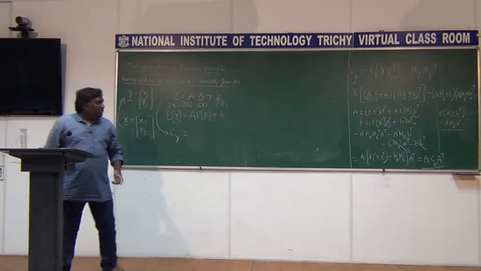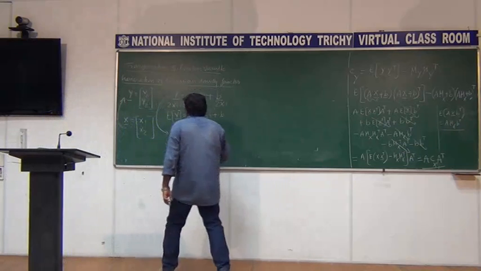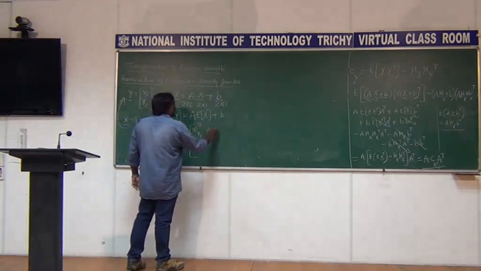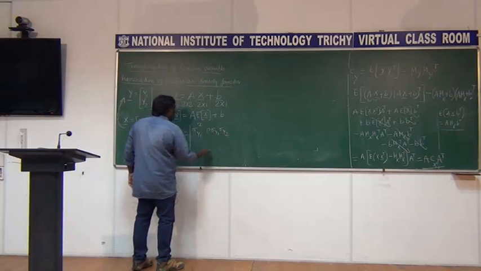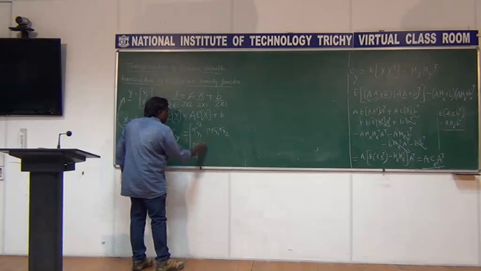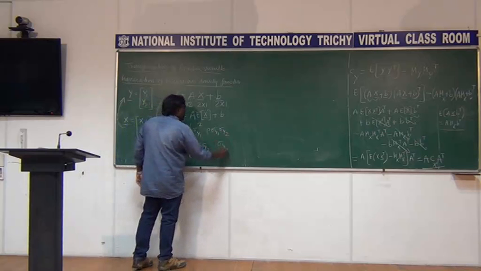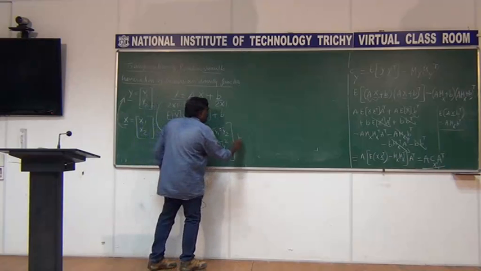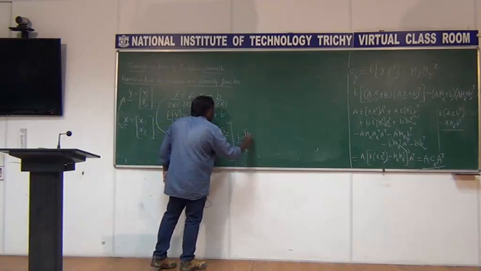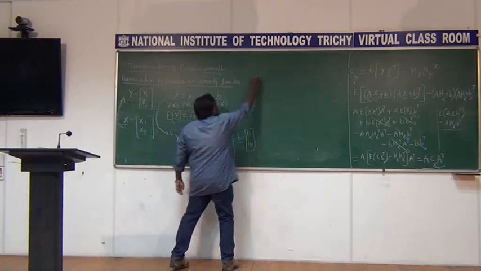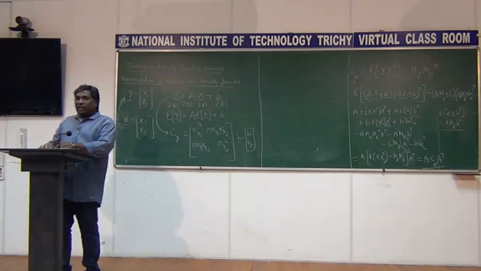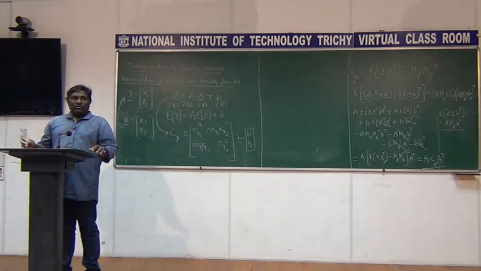So the problem given here is, you will be given this and you will be given this. The requirement is to generate the Gaussian data y1 and y2.